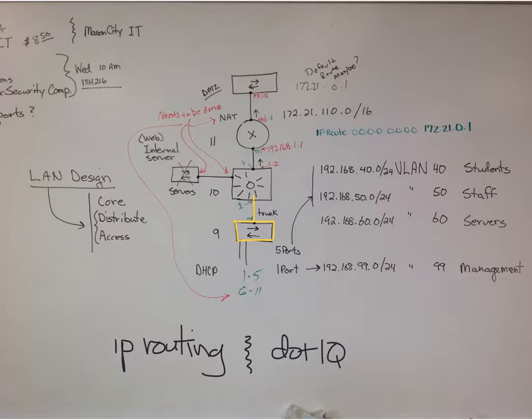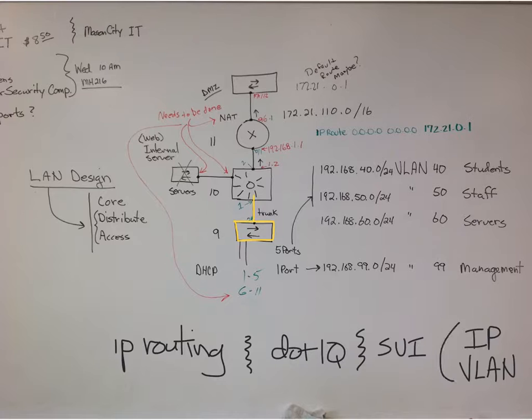Everything should be .1Q. You have to set up your switched virtual interfaces, so you have to assign an IP to the VLANs. You got to do the interface VLAN 40 and then assign it an IP.